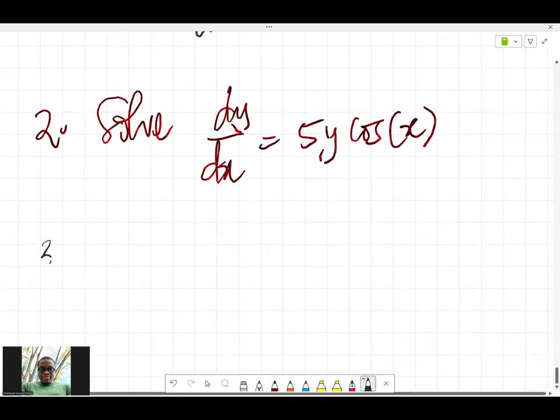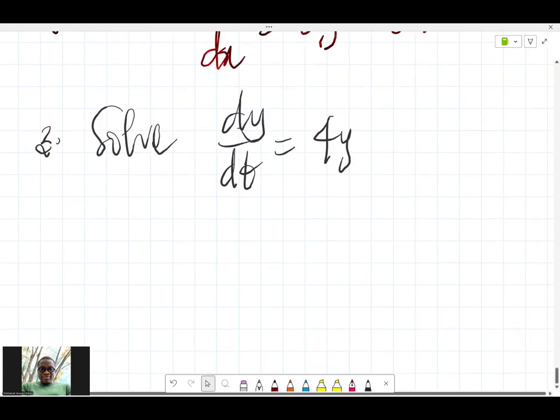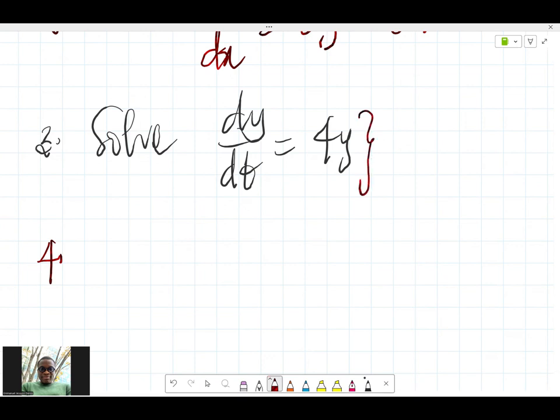Number three, the kind of thing we've done now, it's a growth and decay model. Solve the following differential equation that models population growth. Again, solve dy/dt equals 4y. So now we have our k to be 4 from the last example we did. Then number four, we can also talk about radioactive decay.